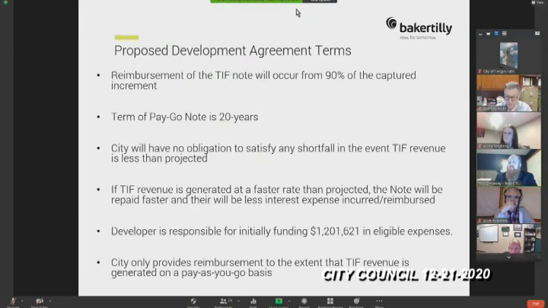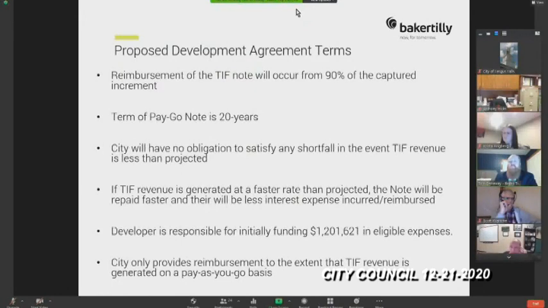And they would not even be eligible to receive reimbursement for the demolition if the phase 2 project is not completed by the end of 2025, because they would be in default. So the ability to receive the full amount of the tax increment revenue and the reimbursement for the $1.2 million in principal costs is largely contingent, or entirely contingent, upon the completion of the second phase of development.